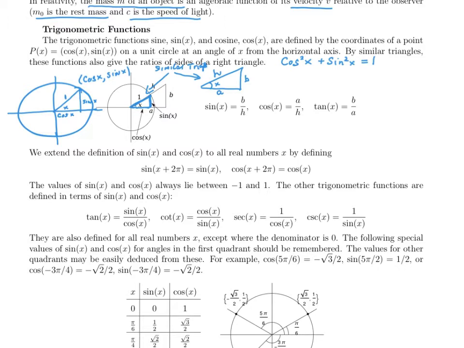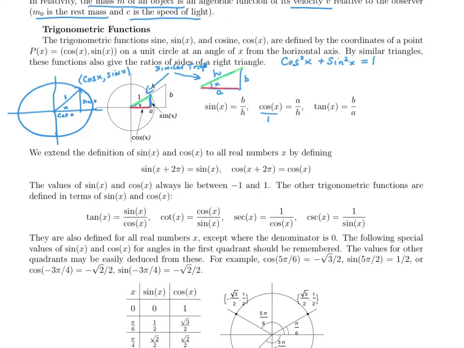A over h must be cosine over 1. That's because a divided by h here must be equal to the ratio of the corresponding sides in the smaller triangle.